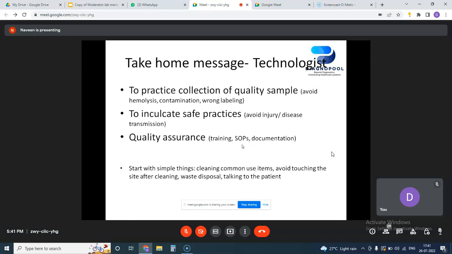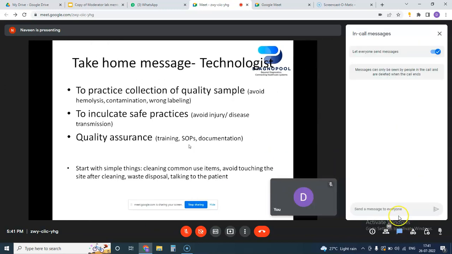It means each procedure, say phlebotomy or even running a sample with any instrument, will have many steps. When you write down each step from the beginning to the end, that is a SOP, standard operative procedures.